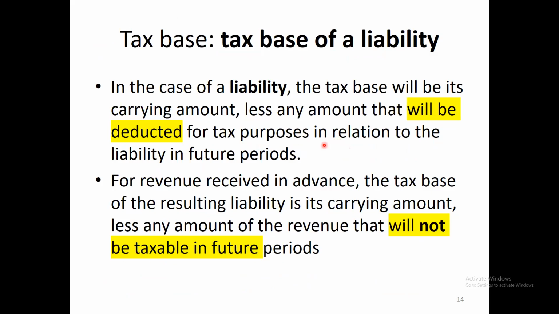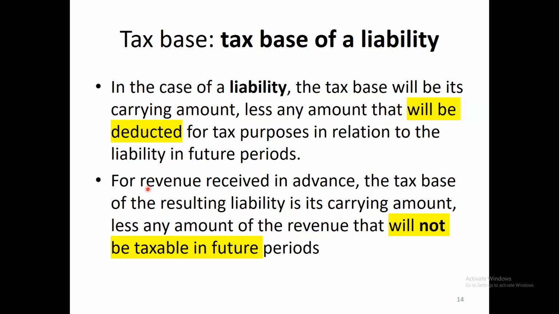These are the little bit tricky part. When you calculate the tax base for assets, it is direct, straightforward. But when you are dealing with a liability, we have to think for a while. There's a formula to calculate the tax base of a liability. The tax base will be its carrying amount minus any amount that will be deducted for tax purposes in relation to the liability in the future period.